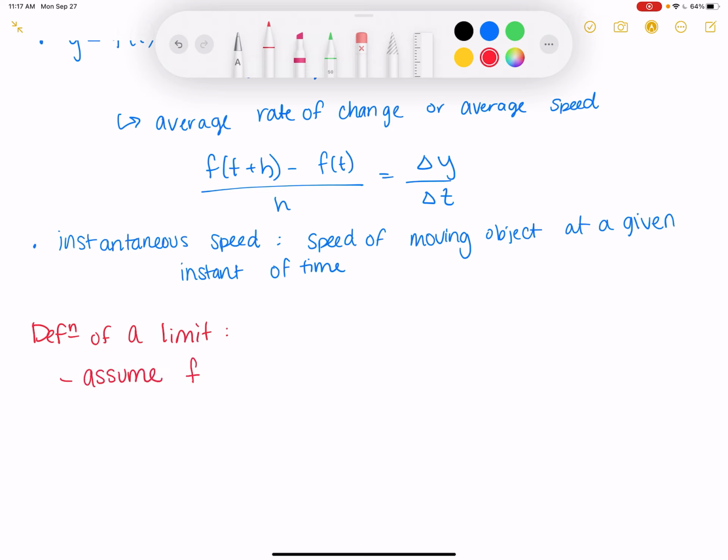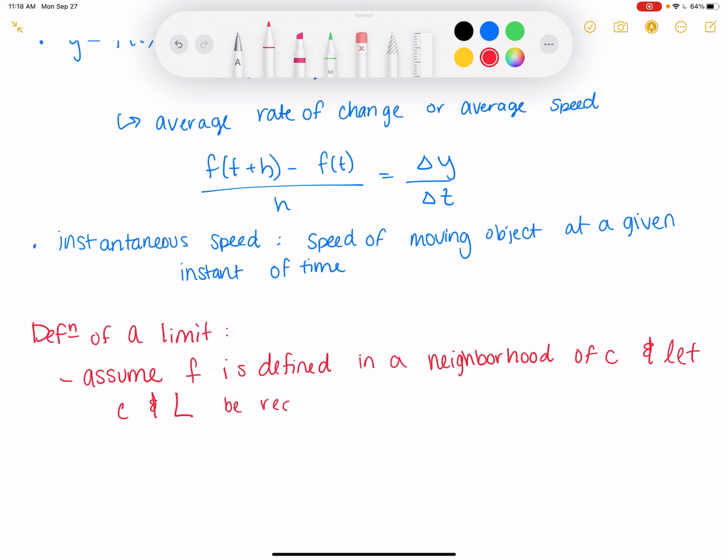Congratulations. Assume f is defined in a neighborhood of c, and let c and L be real numbers.